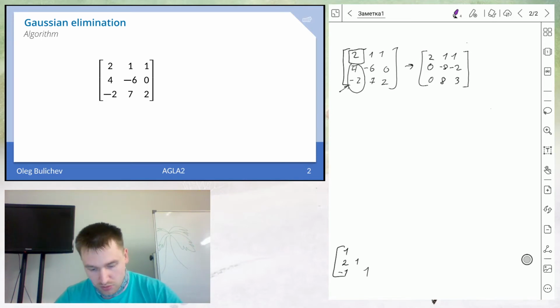Okay, we finished with the first row, first column. Now we are going to the second column. First non-zero, so we are talking about the second row, and our pivot will be minus 8. It's non-zero, so it's applicable.